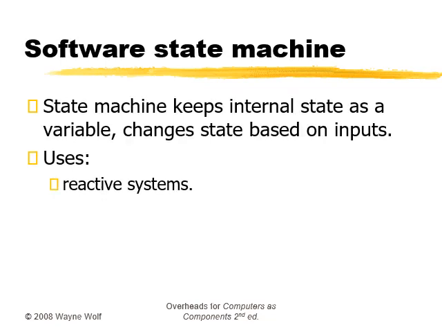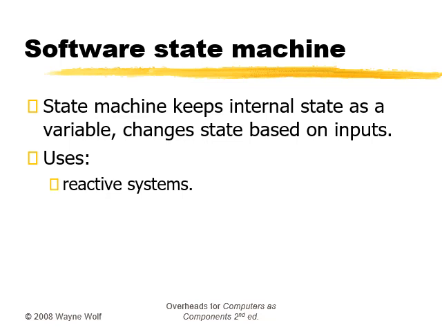As I've already told you in the previous slide, software state machines keep internal state as variables and change state based on inputs. So there are variables and the state changes on the basis of inputs. The use of this state machine is in reactive systems, where we get some sort of reaction from a user and then we do something.